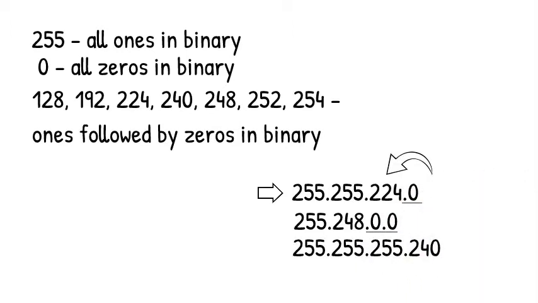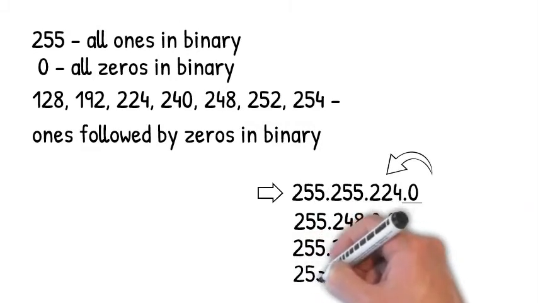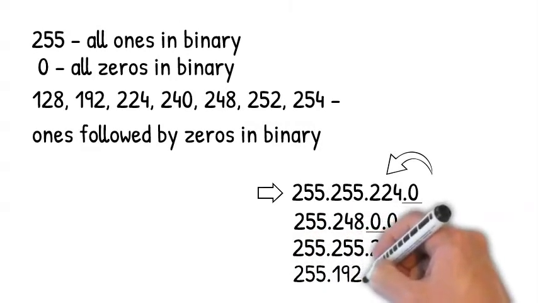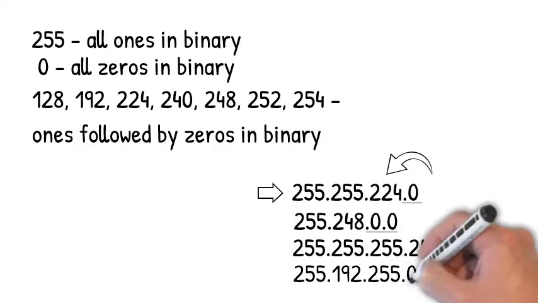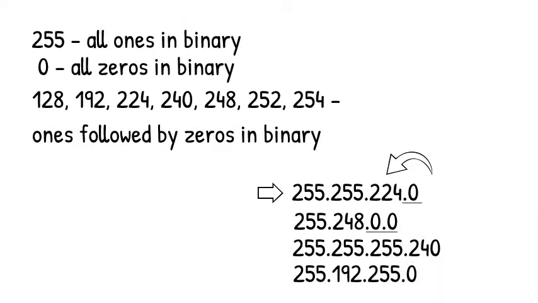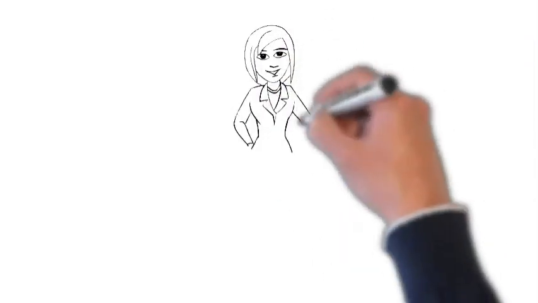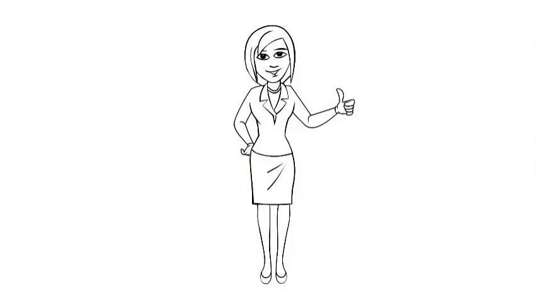This would be a valid subnet mask as well, because it's a string of all ones followed by all zeros. However, 255.192.255.0 would not be a valid subnet mask because it is not a string of all ones followed by all zeros. In the 192 octet, there are both ones and zeros, so it breaks the rule. So hopefully that gives you a better idea of what subnet masks are.